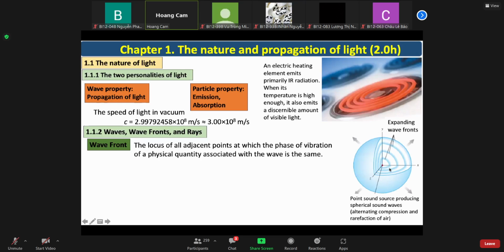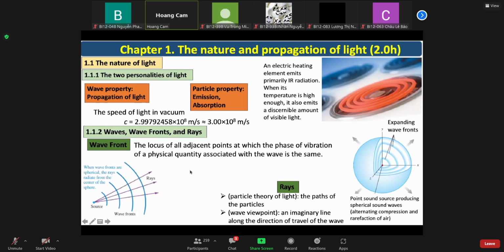So here's the example of the mechanical wave, and similar to that, we also have it in the case of light. We also have the term rays here. So wavefront is the locus of all adjacent points at which the phase of vibration of physical quantities should be the same.